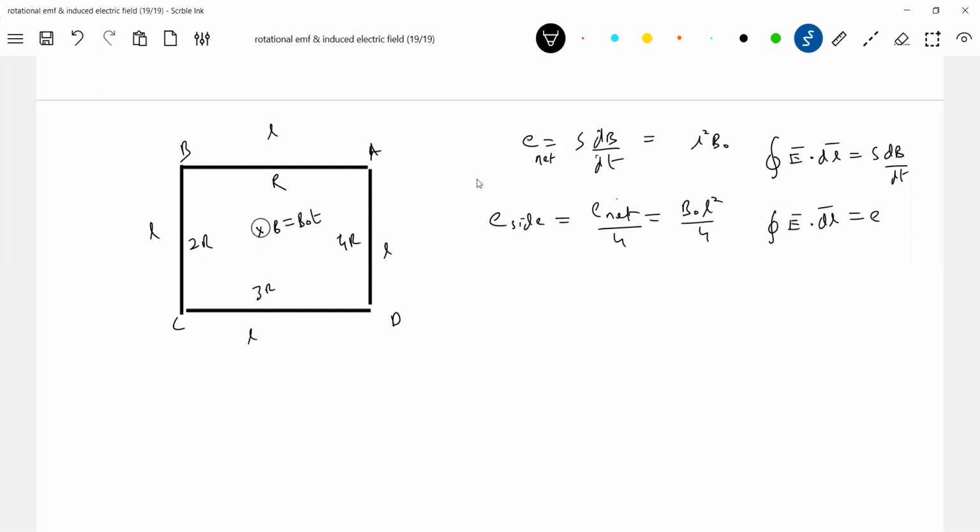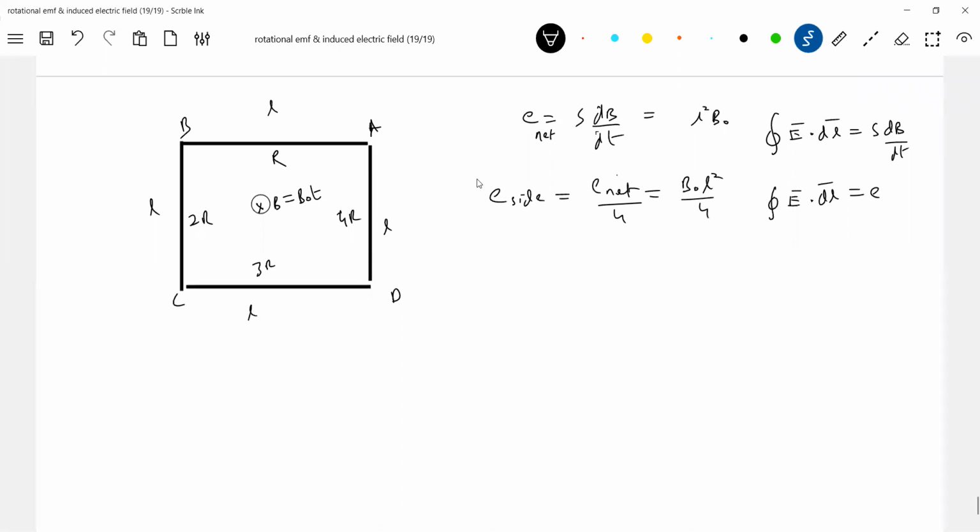So what you should do is not bring this cell anywhere. In each side, you should introduce a cell. According to Lenz's law, the flux increases, d phi by dt is positive, so the EMF induced is negative. Therefore I'll give the polarity like this. This is the EMF induced in each side.